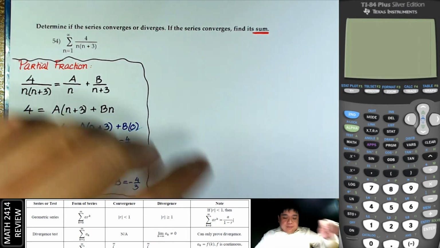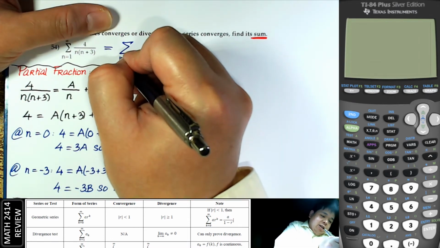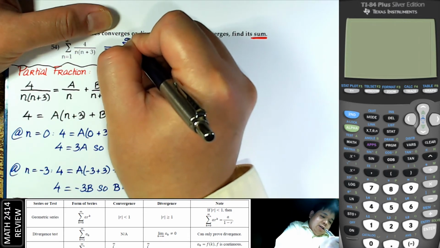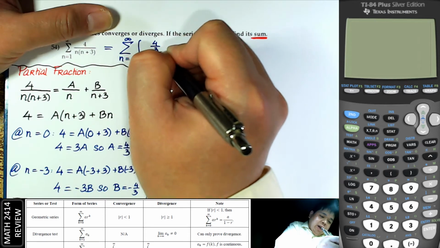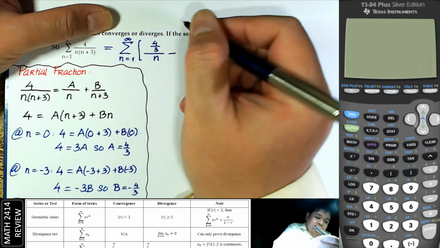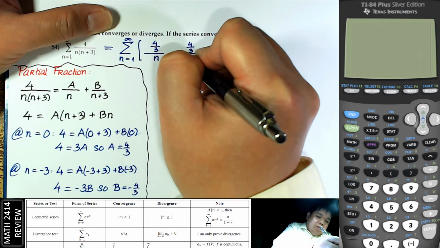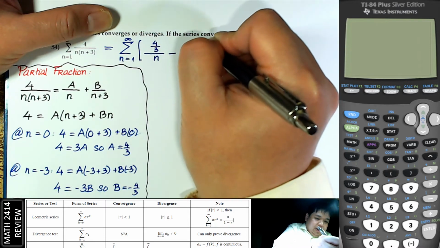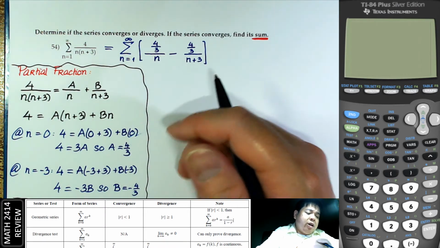So with that, we can write the term in the series as 4 over 3 for a over n minus 4 over 3 n plus 3. Right, now let's simplify this a little bit.